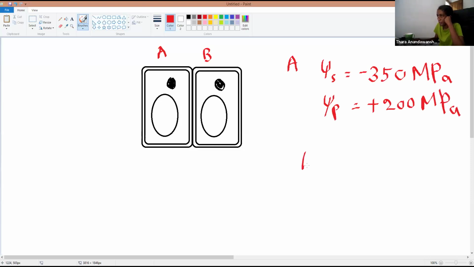B has the following data: psi s equals minus 700 megapascals, psi p equals plus 350 megapascals.